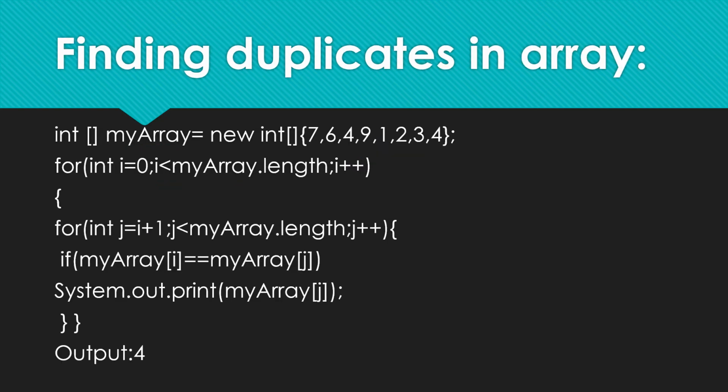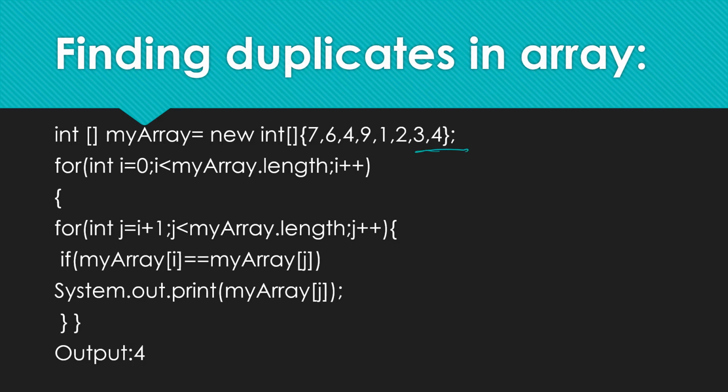Next, we are going to find the duplicates in the array. This is the most frequent interview question about duplicates: can you find the duplicates in an array? So first we are initializing the array in the first line.